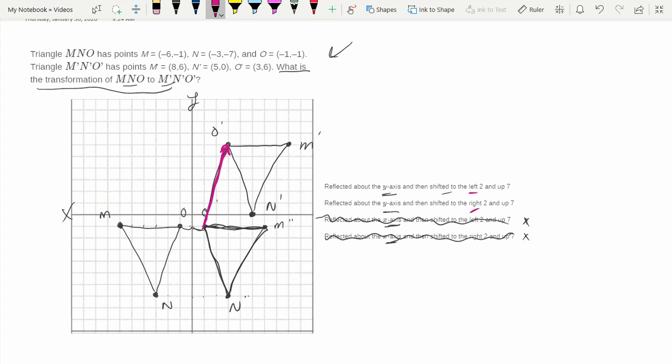Well, guys, I can already get this, right? 1, 2 spaces, so that's right 2, and then we'll just double check. It's going to be 1, 2, 3, 4, 5, 6, 7, up 7. So I'm looking at right 2, up 7, which means that this is my answer.